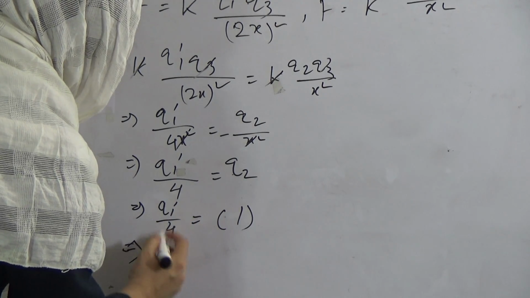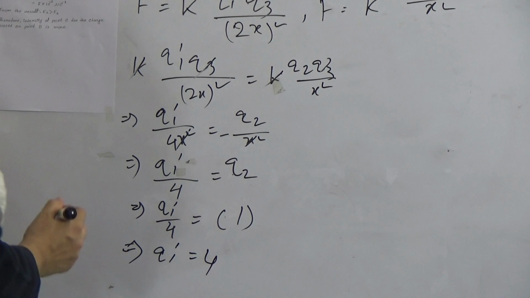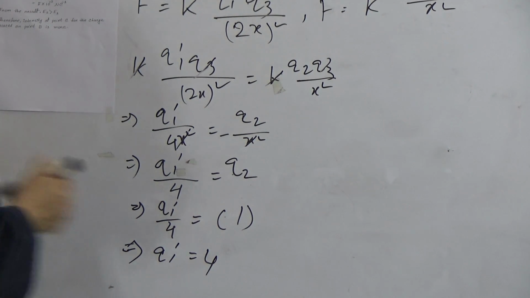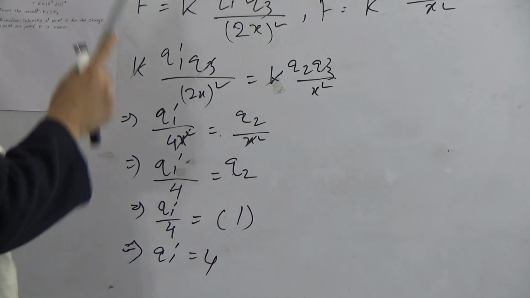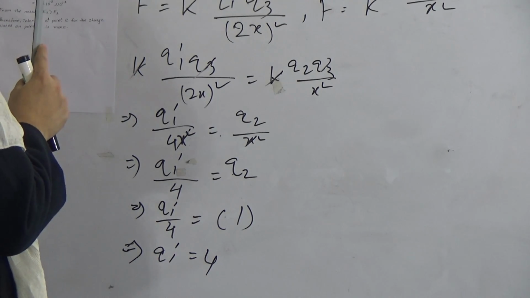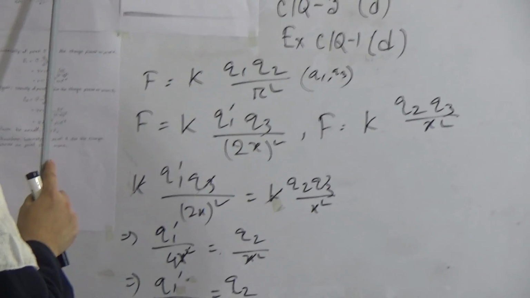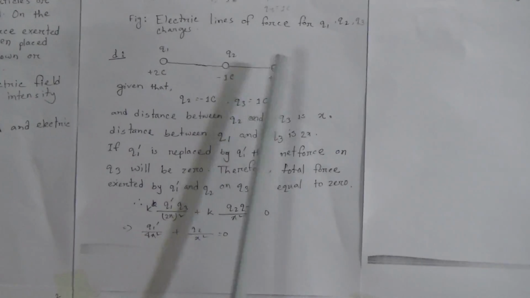So 1 coulomb, so Q1 dash equals 4 into 1, that means 4. So the charge of Q1 dash equals 4. So if 4 coulomb charge is placed at Q1, no force will act on Q3.